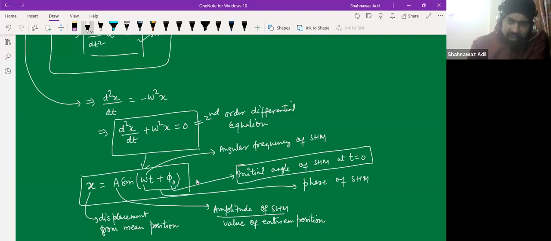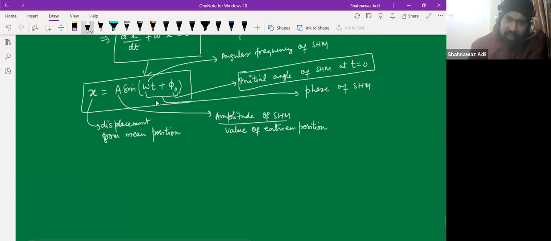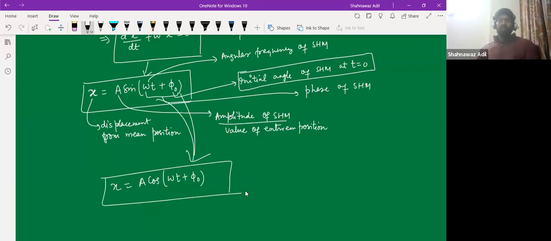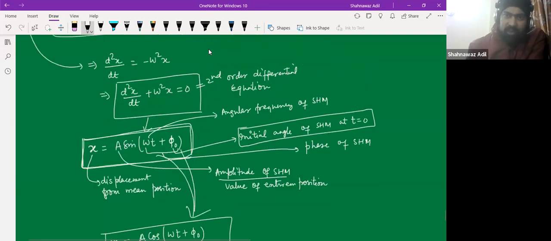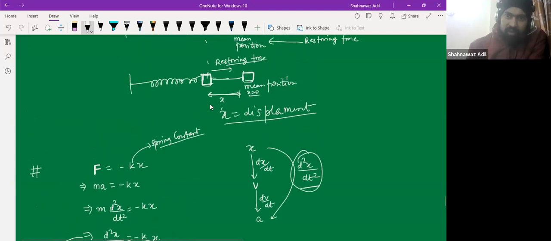So this is the function, and we can also use the function a cos omega t plus phi. Both are equal, right? We can use both, but in our case we will only use this one. So you guys please note it down, and then we will talk about this initial condition, right?